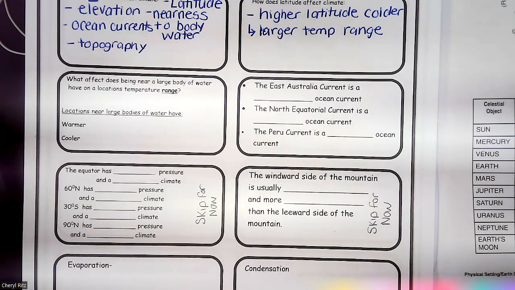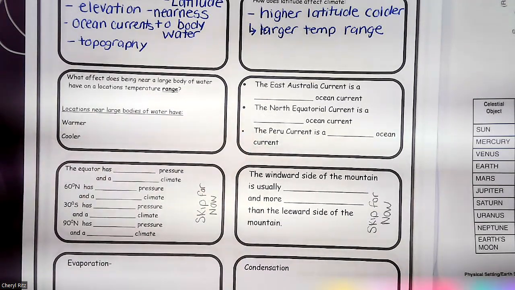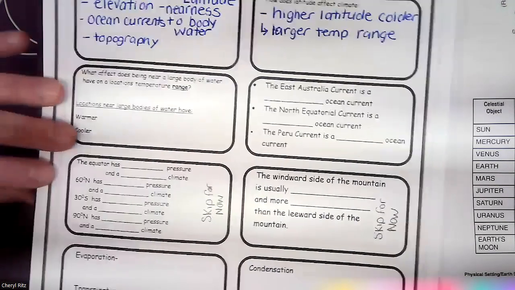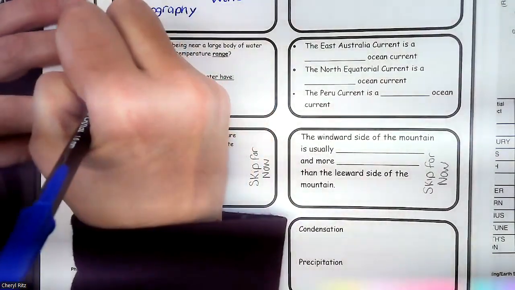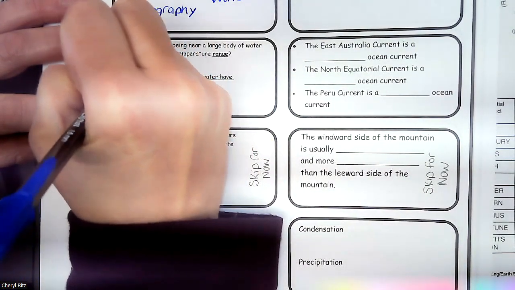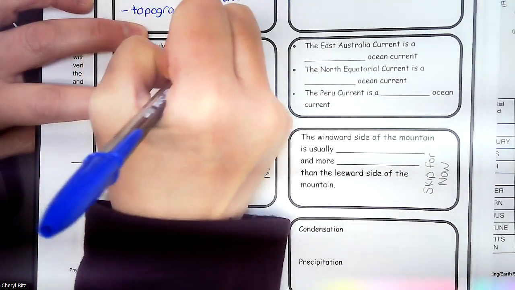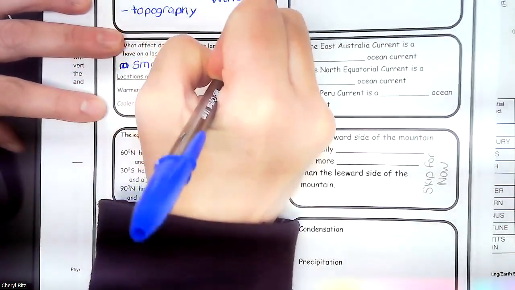What effect does being near a large body of water have on temperature range? Does it make the temperature range smaller or larger? If you're near a large body of water, it makes it smaller. And why is this?